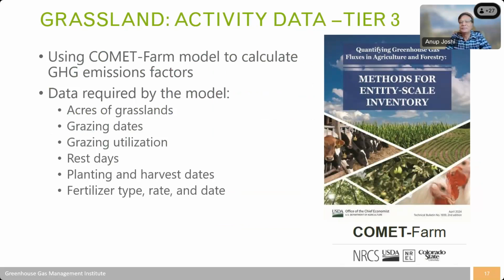So this is, you've seen most of this before. The difference between grasslands and rangelands and croplands is just the information that is in there. So we're looking at grazing days, amount of utilization of the grazing, rest periods, if it is a managed land, whether there is planting and harvesting.